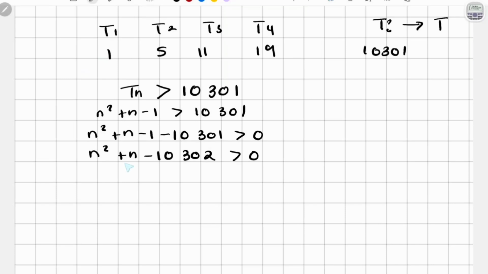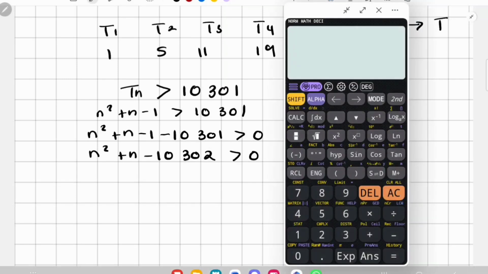Okay, then you see we have a quadratic inequality and we have to factorize this quadratic expression. I know that this may take long to factorize. So something you can do, well, I used to still factorize it as this. I'll say 10,302, right? Then I'll say is equal to, and I say shift and factorize, just so that I can see all the factors and see what gave this number.